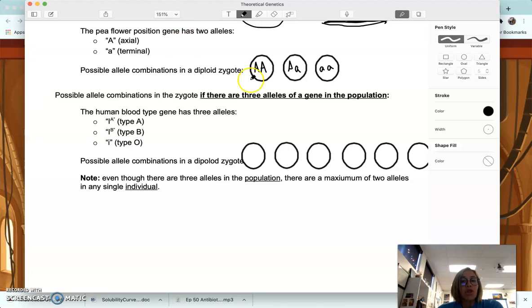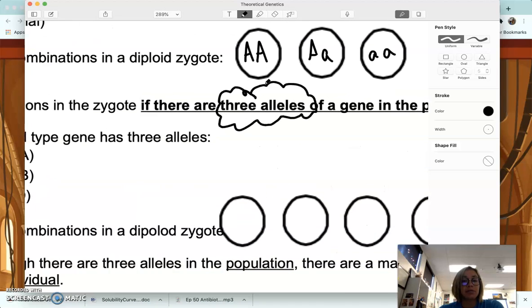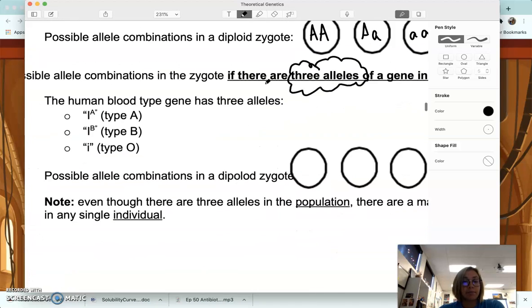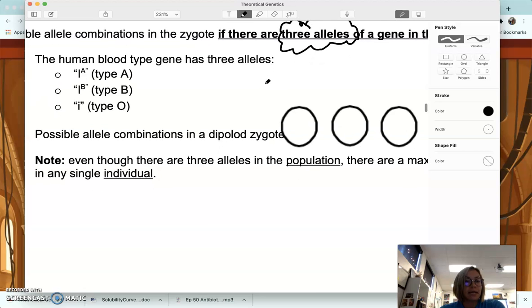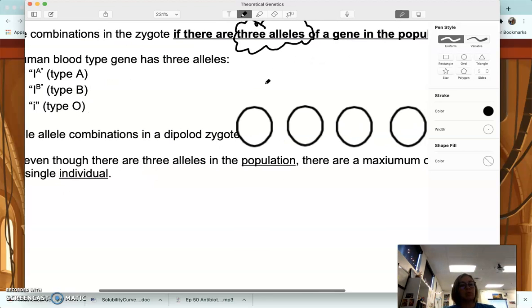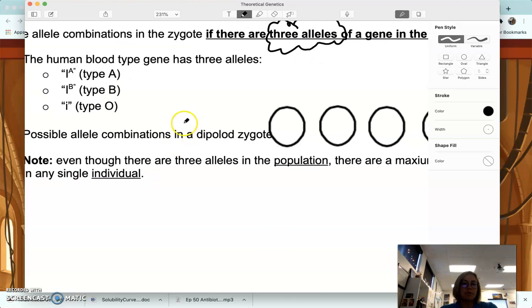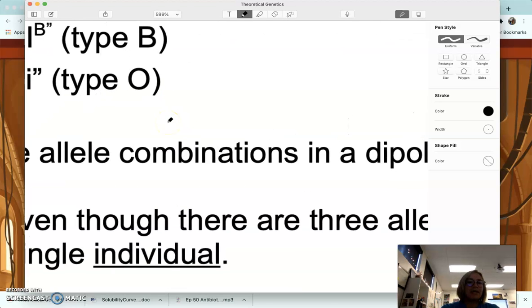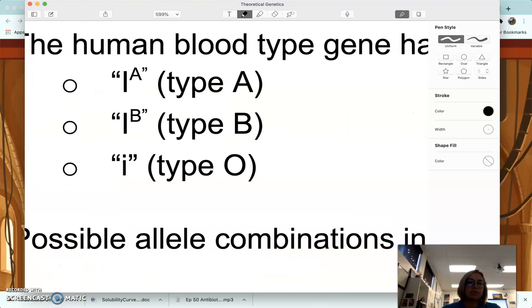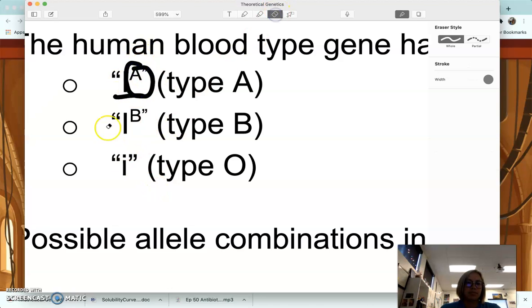But if there are three alleles of a gene in the population, like blood type, for example, there are three alleles, type A, type B, and type O. Now we write blood type with this I before it, and I'll talk to you guys about that a little later why, but we use an I with a superscript for blood type, okay?